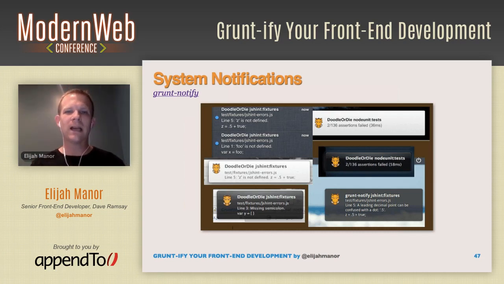So having Grunt-notify is really cool because on a failure, it'll stick up some notification. If it's on Windows, it uses a program on Windows to do that, I don't remember which one it was. But if you're on OS X, it'll either use the native notification system, or it'll use tons of other notification systems. I find that very helpful because I could be in the groove coding and then, my build failed, and it'll tell you what happened. So it's really helpful to get it in your face quickly.